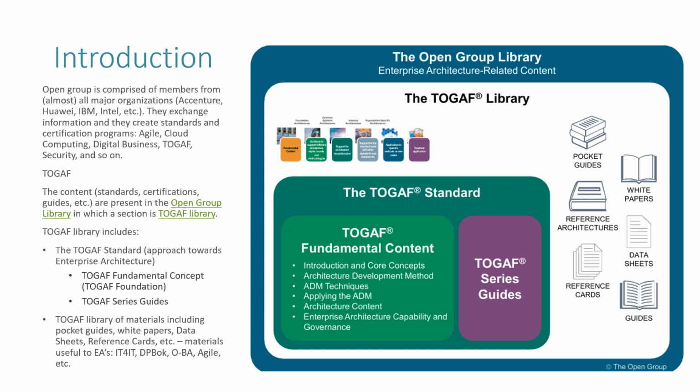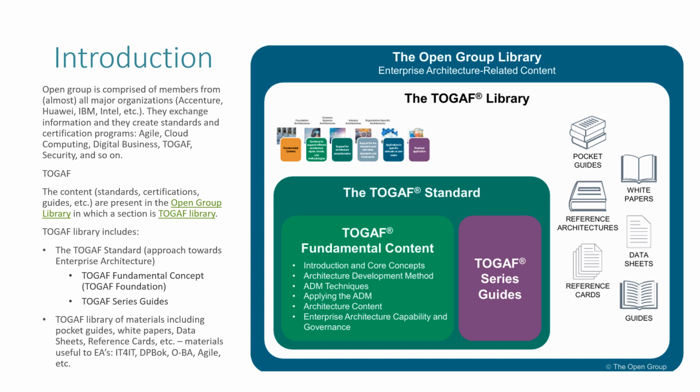The Open Group library contains a lot of materials that are relevant to other standards like the IT4IT standard, the Digital Practitioner Body of Knowledge, the Open Agile Architecture standard, Open Business Architecture, and so on. Whereas, in that library, the TOGAF library is specifically for enterprise architecture.